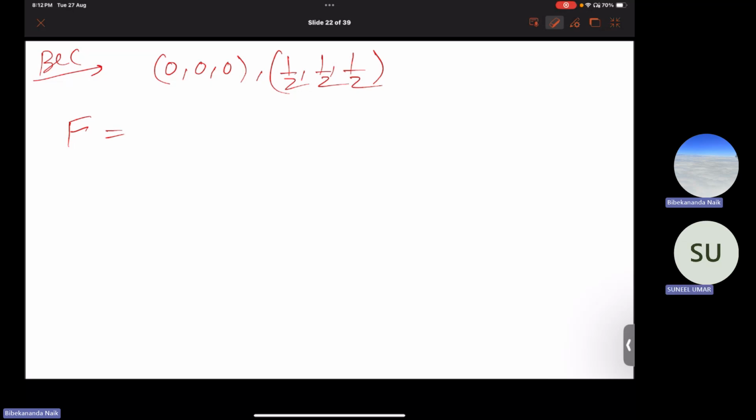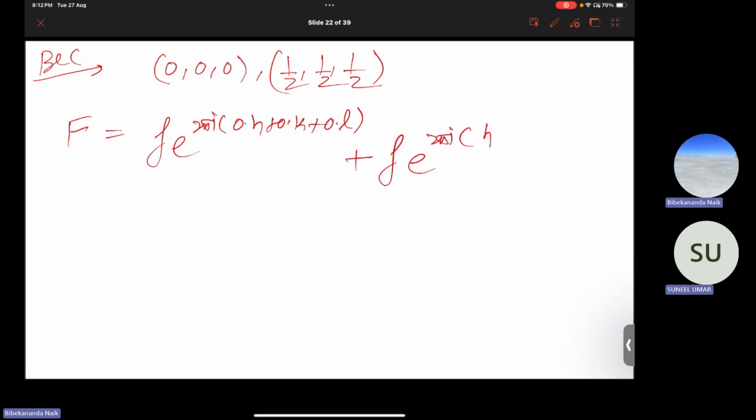So it will be F equals f e to the power 2 pi i (0 into h plus 0 into k plus 0 into l) plus f e to the power 2 pi i (h into half plus k into half plus l into half).